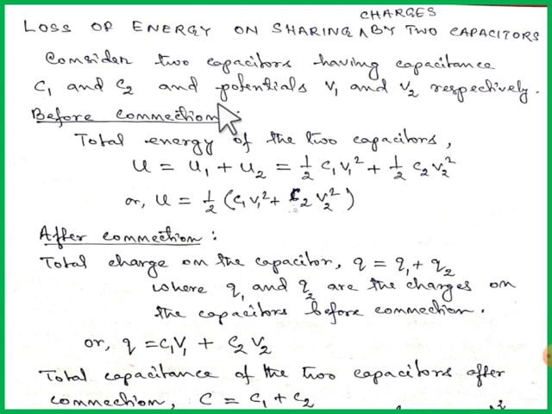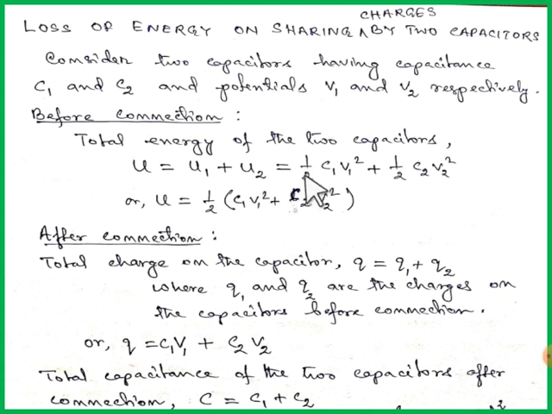So before connection, the total energy will be what? U1 plus U2. U1 is the potential energy for the first capacitor, and U2 is the potential energy for the second capacitor C2. So the total potential energy before connection will be U1 plus U2, the sum of the individual energies.